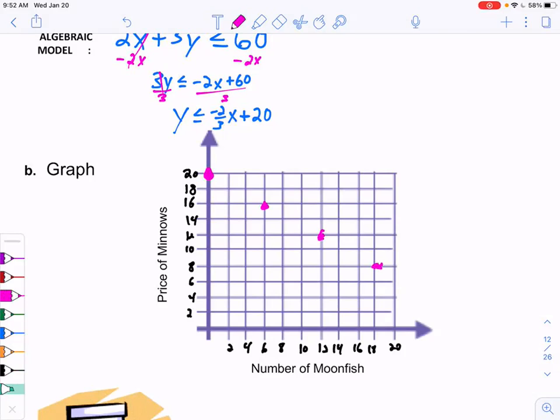And now we're going to draw a solid or dashed line through these points. Yeah, solid line because we notice it's less than or equal to. So we have the equal to there. So I'm going to draw my solid line. And Jason, it's less than, so are we going to shade above or below?